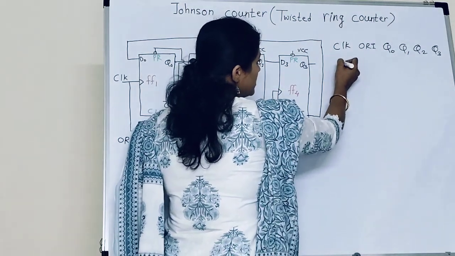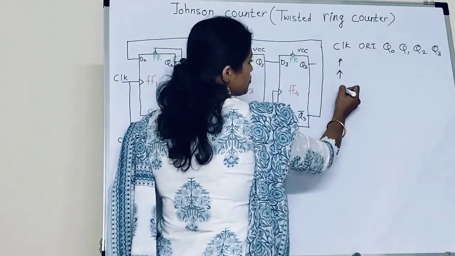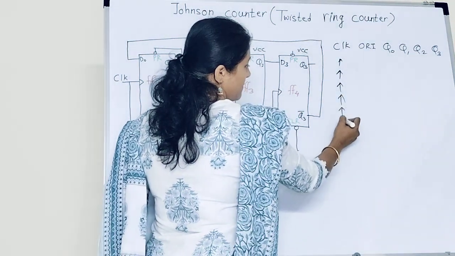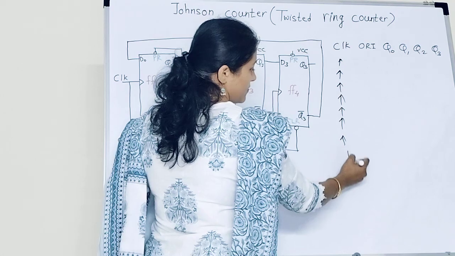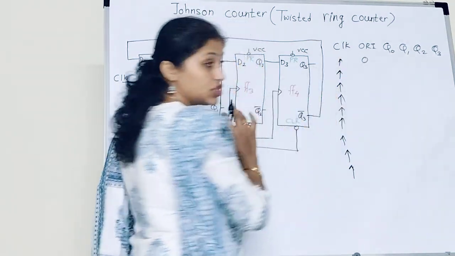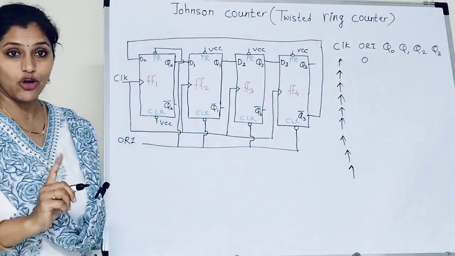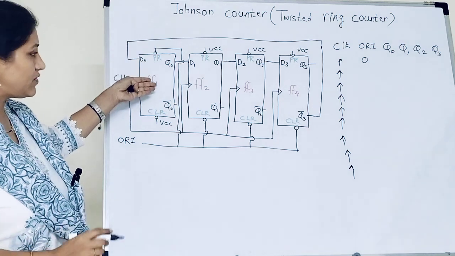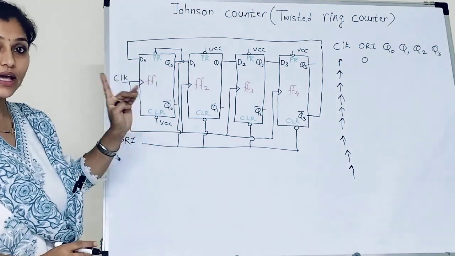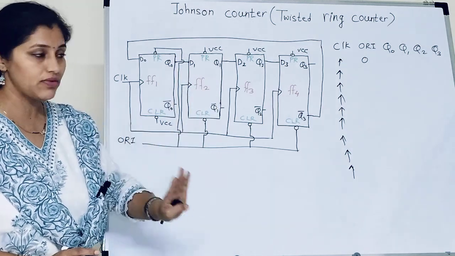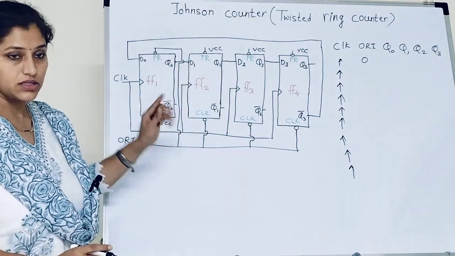And my clock is rising edge triggered, overriding input is initially 0. For only one clock pulse it is 0, otherwise it is 1, so that every flip-flop will receive preset and clear as 1. It means they remain disabled. Only to set initial value we have made it 0.